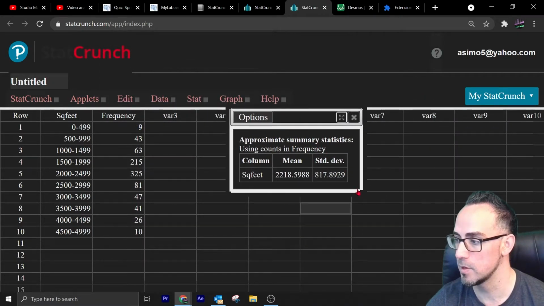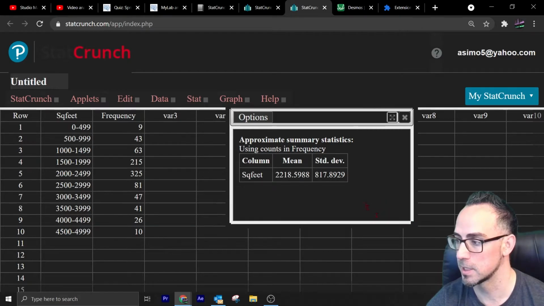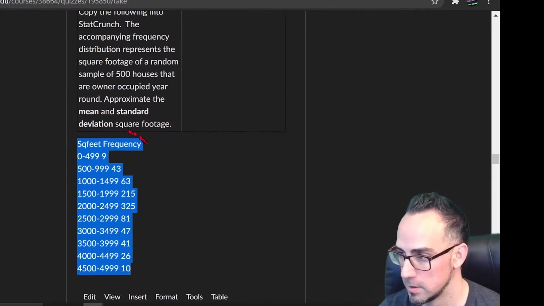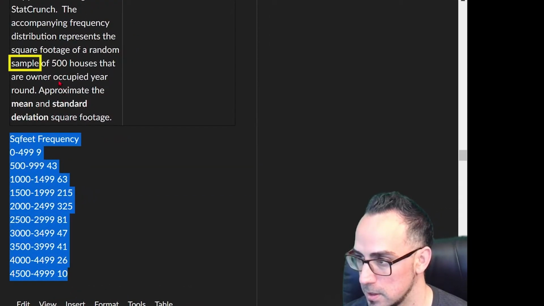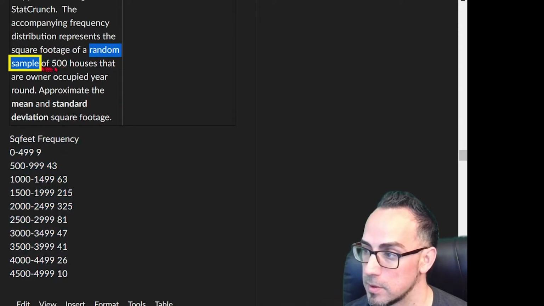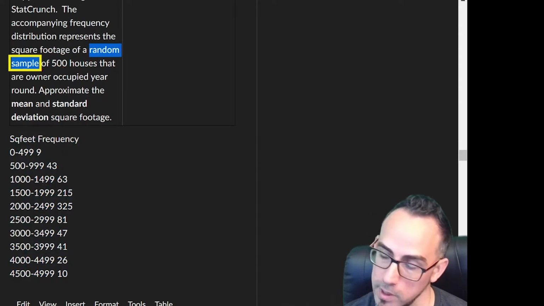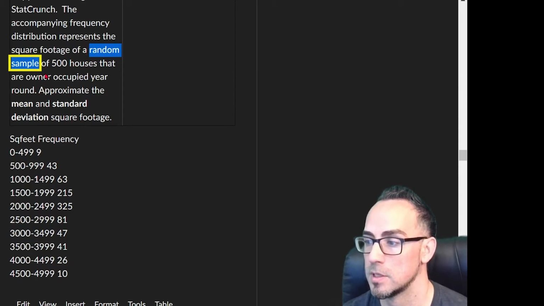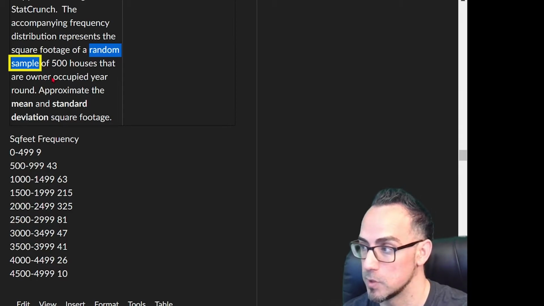Now this may be wrong. I just realized that this standard deviation might be wrong if it's not a sample. So let me go back in here. And it is a random sample. If it would have said population, then I would get the answer wrong. So be careful. This is a random sample. So that means we did it right because we used stdev.